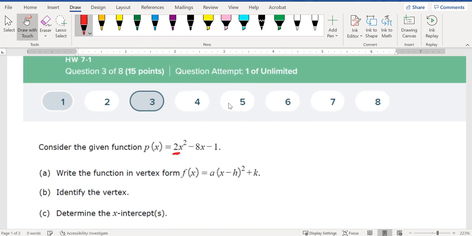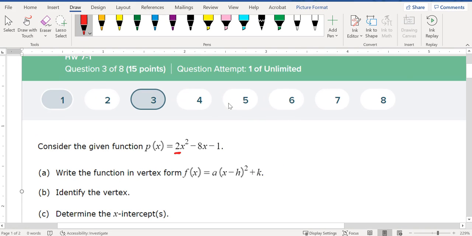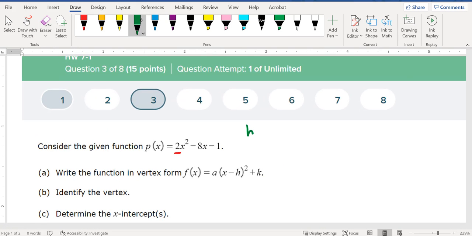Before I even get started, I'm going to look at h, which is always equal to negative b over 2a. That's going to be 8 over 2 times 2, which is 8 over 4, which is 2. My k is going to be the function evaluated at 2.